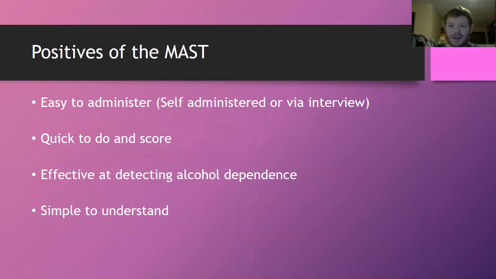So there's not, in other words, there's not like this question's worth 3 points or 2 points, and this one's 1. So it's a little simpler. The brief MAST and actually the original MAST were weighted scoring, where they did have those different weights on different questions. So it's changed a bit over time.